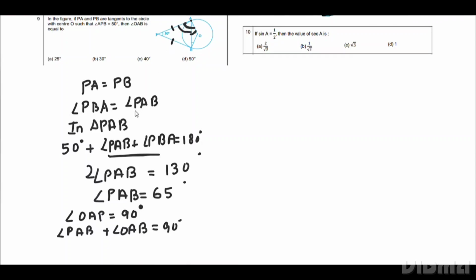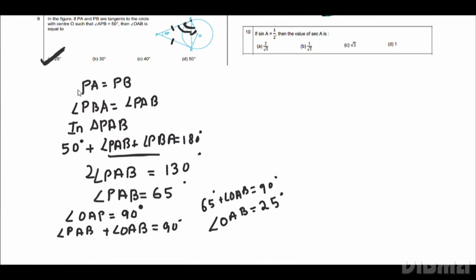So what is my PAB? PAB is 65 degree. So I can write 65 plus OAB is 90 degree, and then angle OAB will be equal to 25 degrees. So this is the answer. Looks a little complicated, but it is very simple.